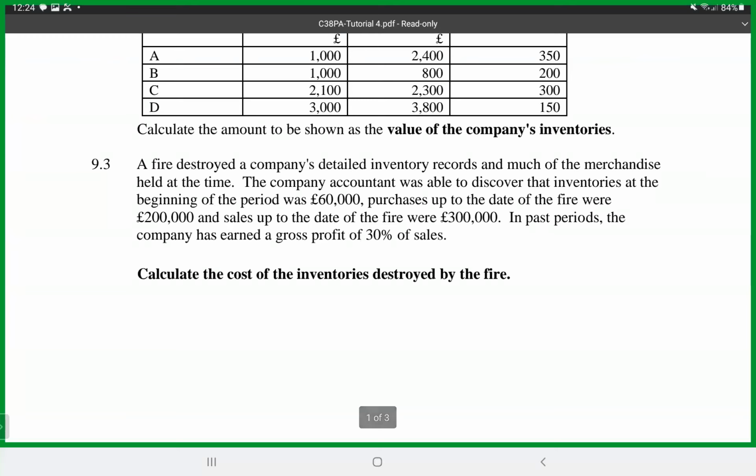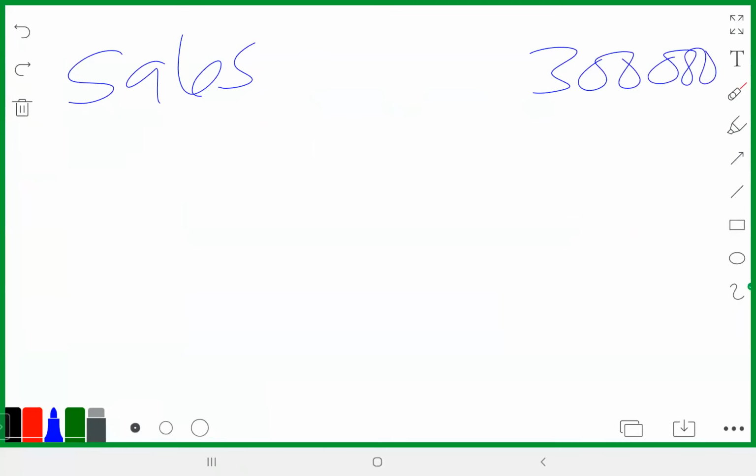Then the profit is a percentage of that, because we are not given the cost of goods, so we can calculate the cost of goods using the profit. What's that percentage of 300,000? Isn't it 30%? Oh, 30%, sorry. Yeah.